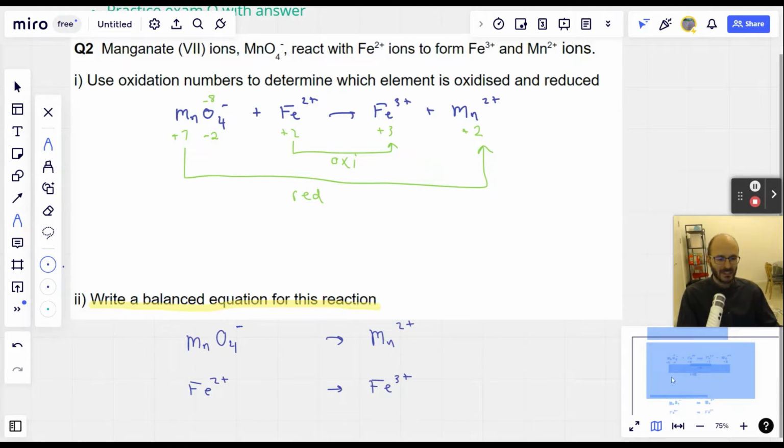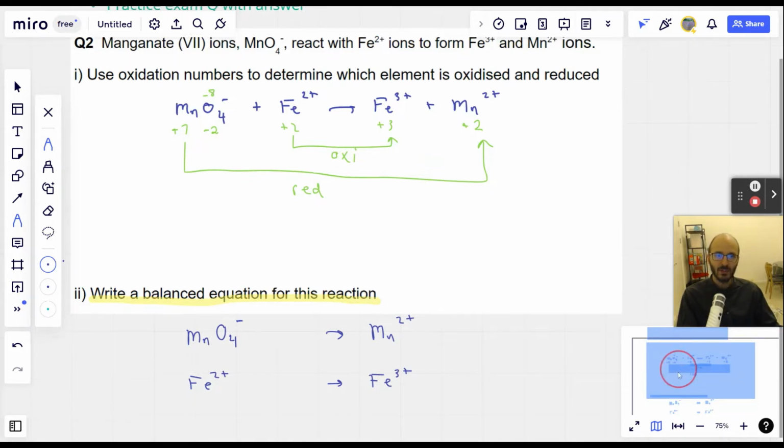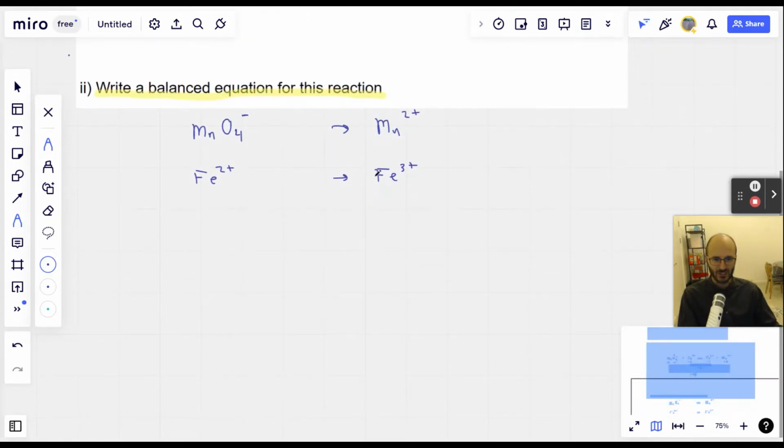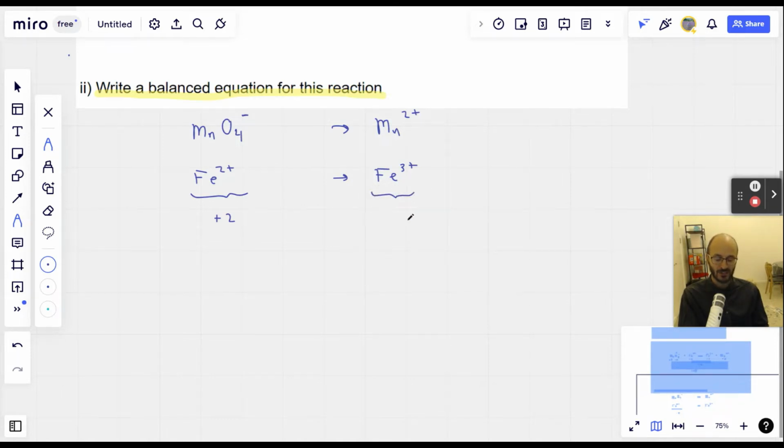Perfect. So I would say the second half equation is fairly simple because it's nearly balanced. All that you have to do is to balance the charges. So on this side of the equation, the overall charge is 2 plus or +2. On the right-hand side, the overall charge is +3.